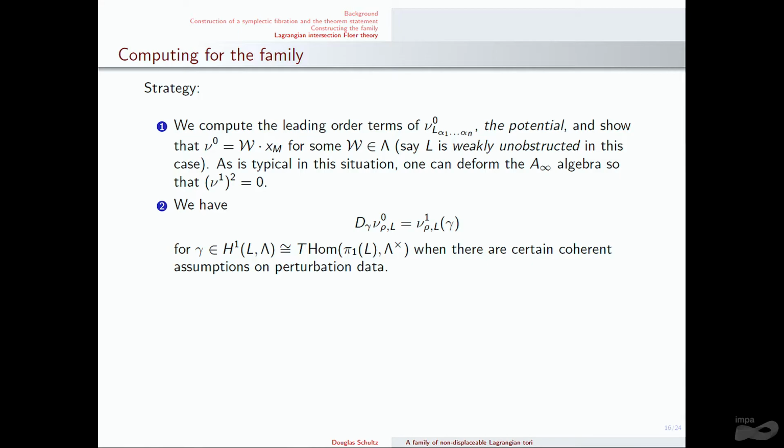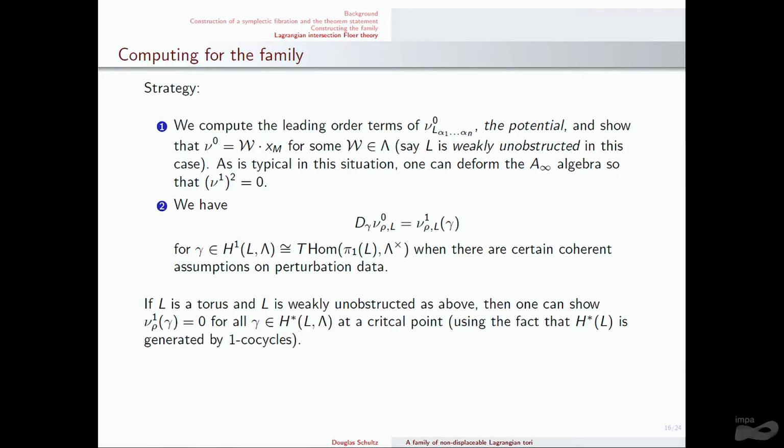Okay, so this says that if you have a critical point of this 0th order guy, then there aren't going to be any Floer inputs, like Floer counts for Morse 1 cocycles. Okay, so then you can bootstrap this if you're dealing with a torus whose cohomology is generated by 1 cocycles.